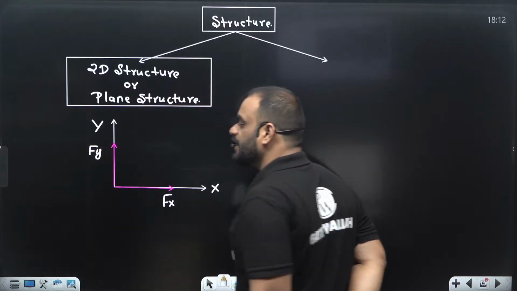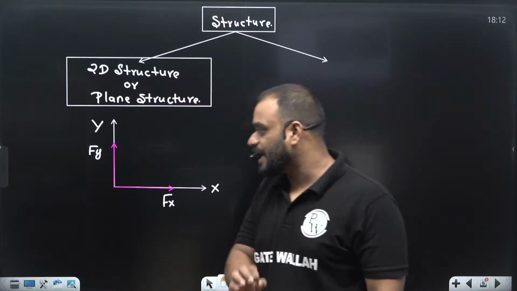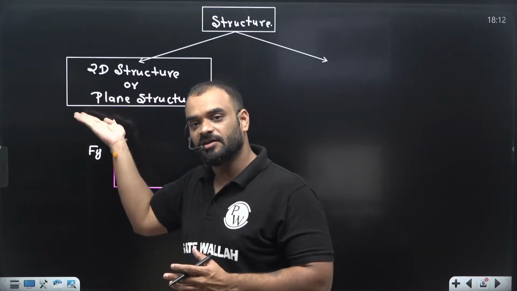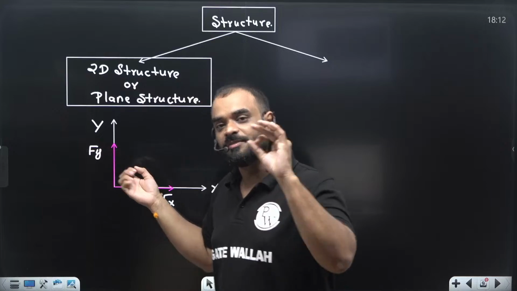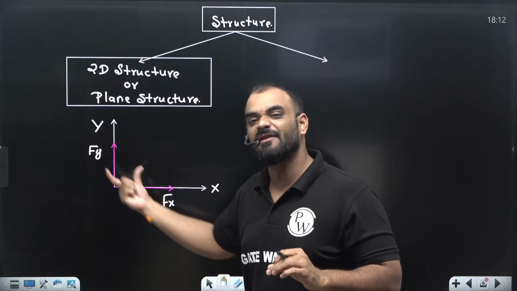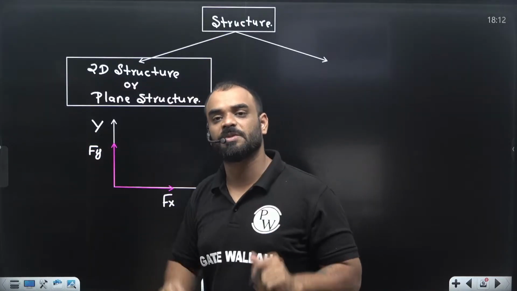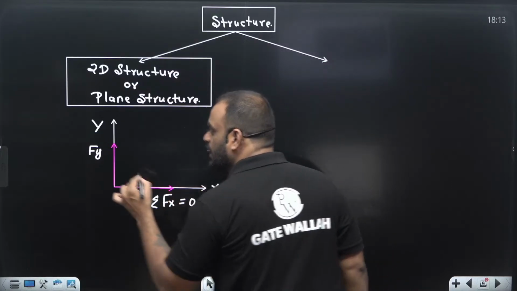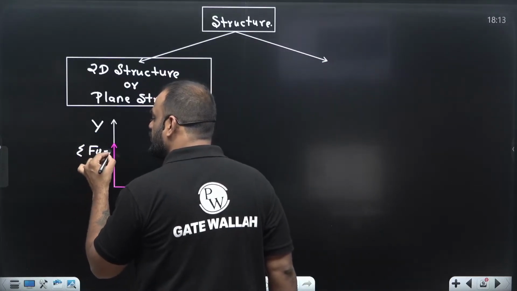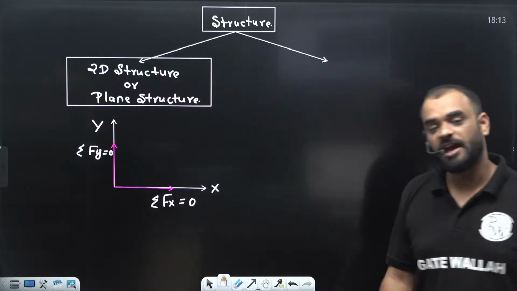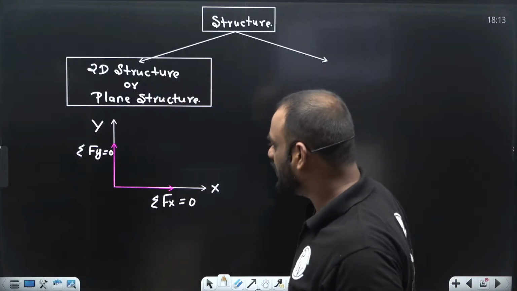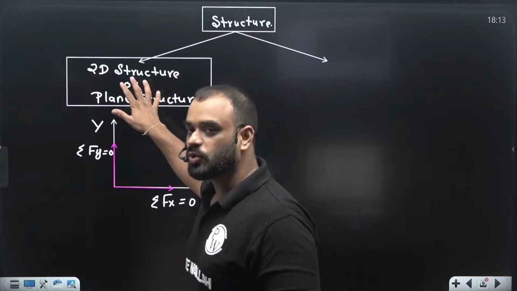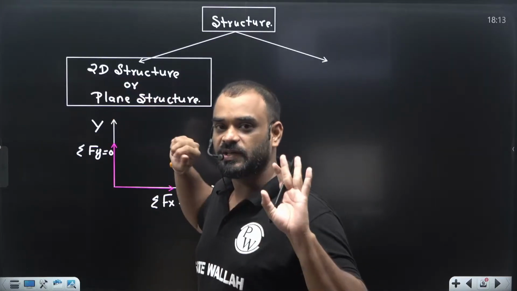If I need a structure to be in static condition in the x direction or y direction due to linear force, then the summation of forces in each direction should be equal to 0. So summation Fx is equal to 0 and summation Fy is equal to 0. These two equations must hold for a 2D structure in static condition.